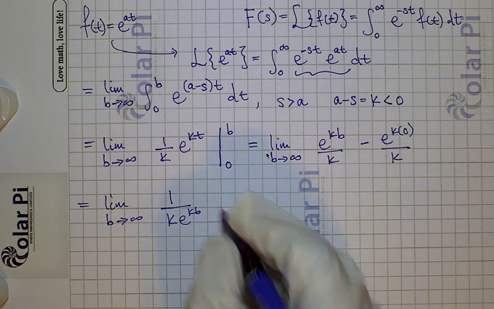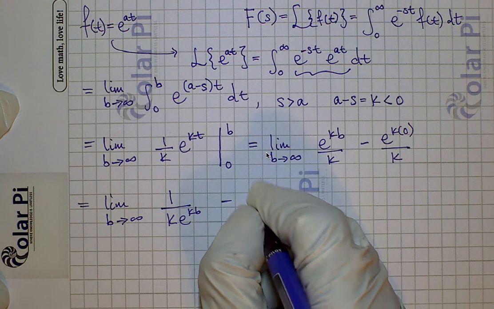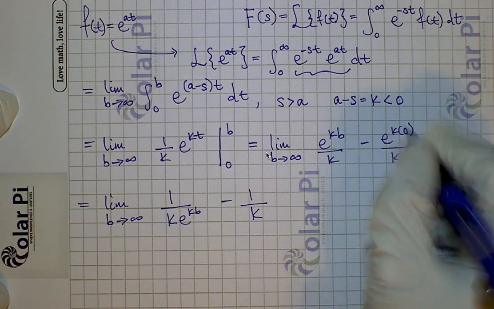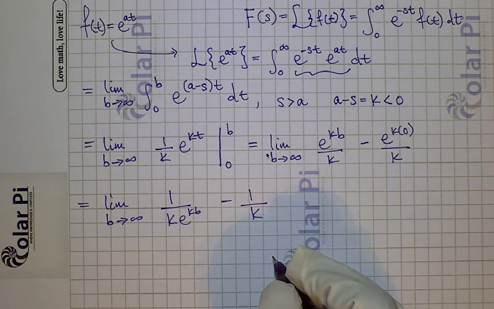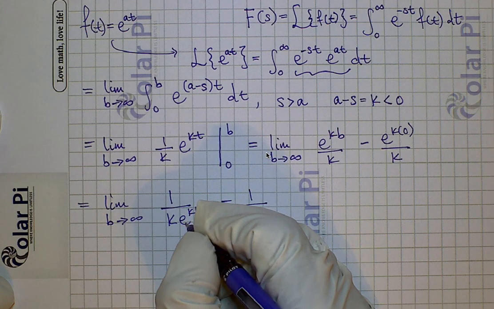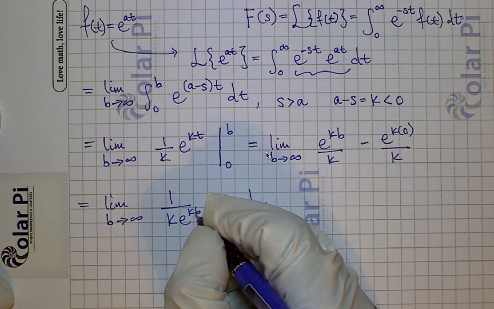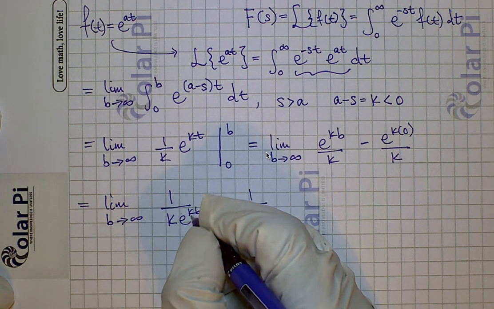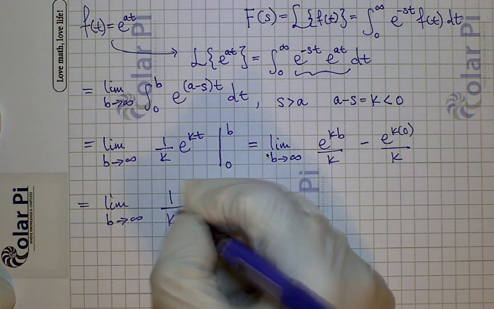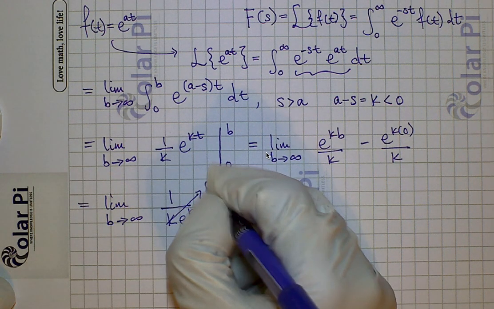And then minus 1 over k, which we'd already said is just 1 over k. Now, as b goes to infinity, we're going to get 1 over e to the very large number, since b is going to infinity and the exponent of e this time is positive, so we get 1 over a huge number. So this is going to converge to 0.